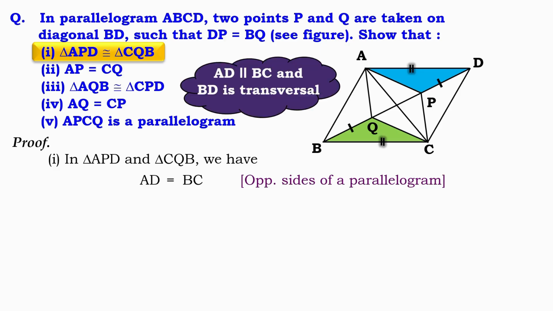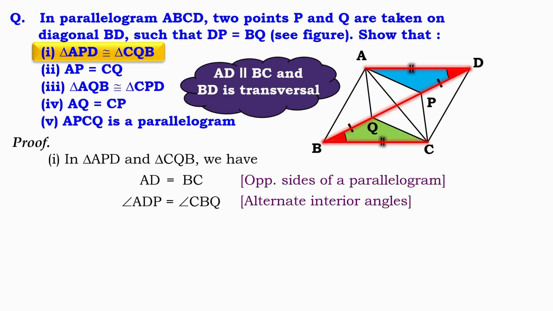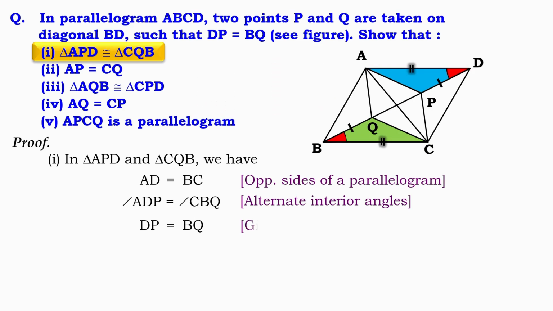Okay, AD is parallel to BC and BD is the transversal. So the alternate interior angles will be equal. Correct. So angle ADP is equal to angle CBQ, because they are alternate interior angles. Okay. And another thing is given, that is DP is equal to BQ.